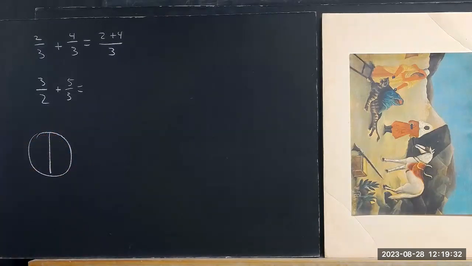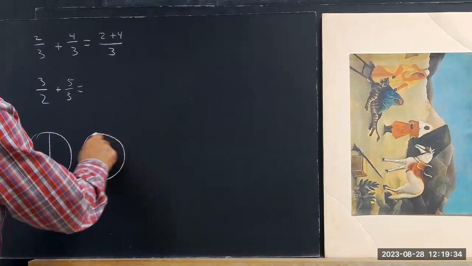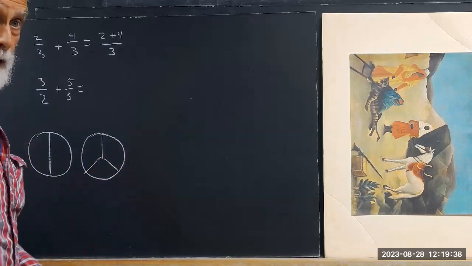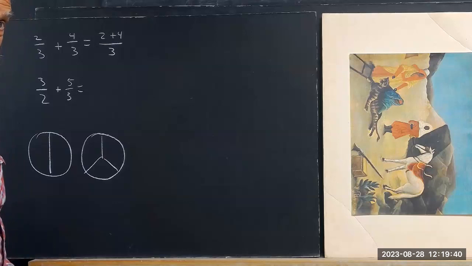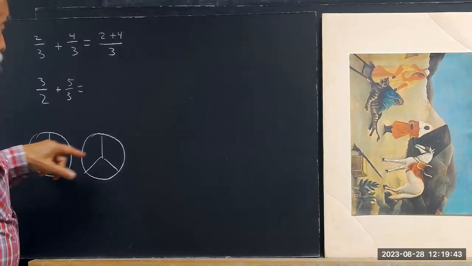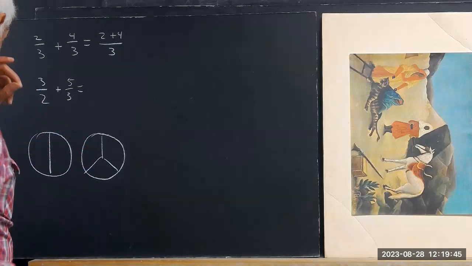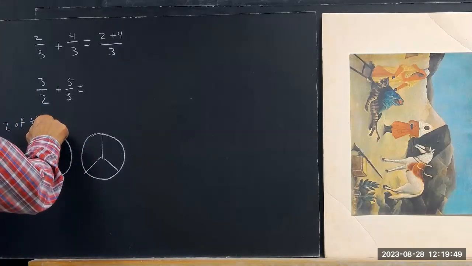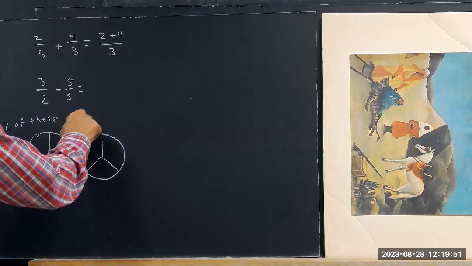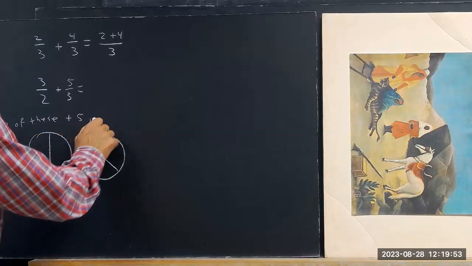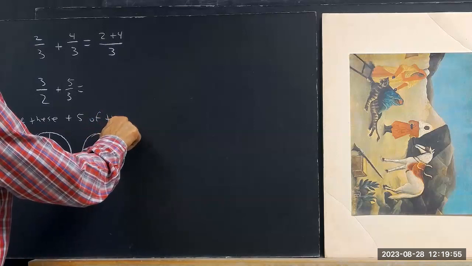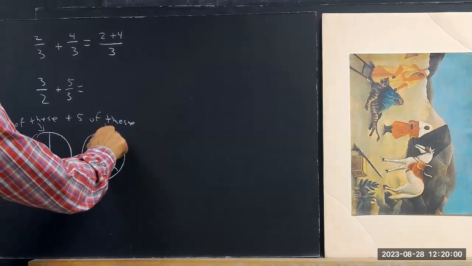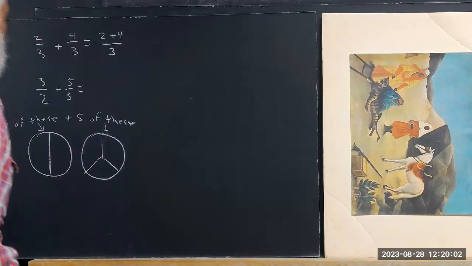There's a pizza divided in half. There's a pizza divided into thirds, right? Now I've got 2 of these and 3 of these, 5 of these. How many do you have?